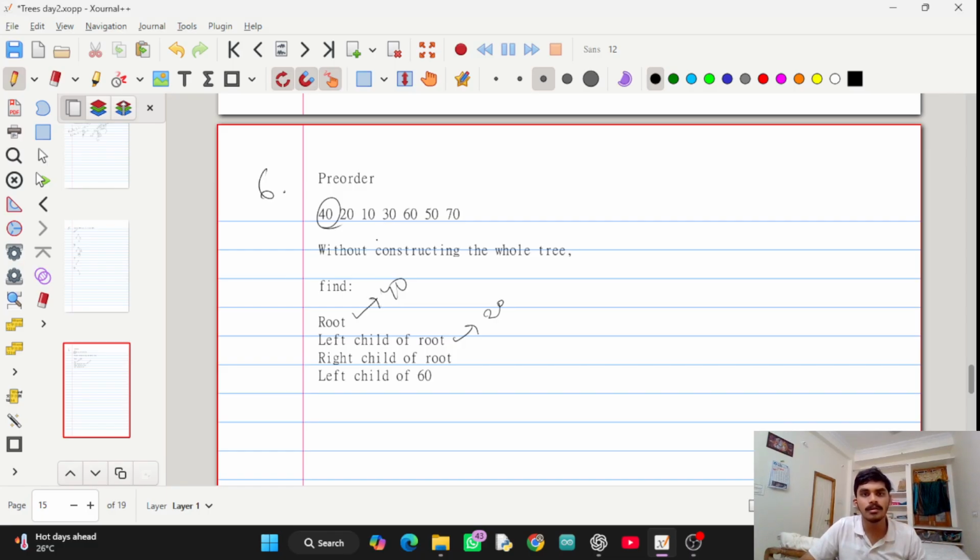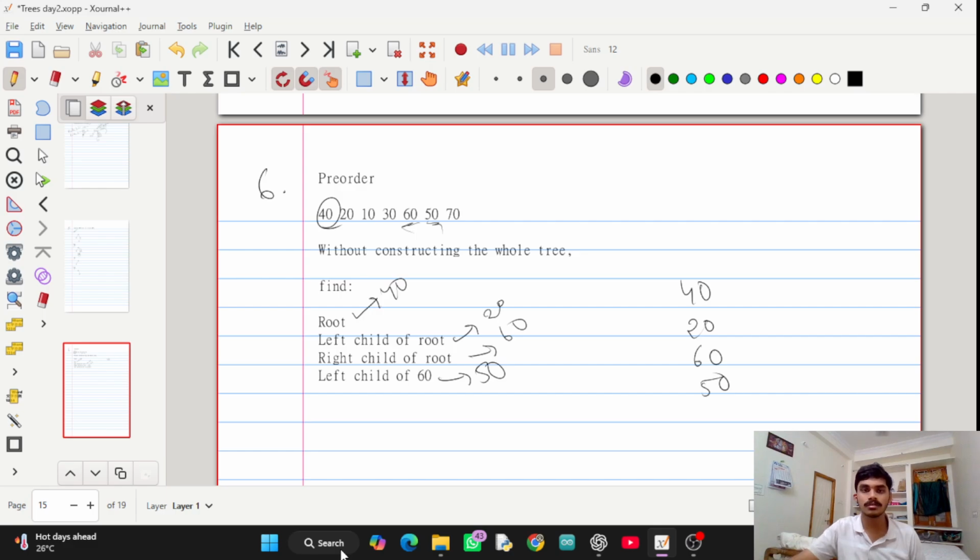And then 30 will be going there. And 60 is the first greater element, so it is the right child of the root, and left child of 60 is of course 50. We got our answer. Let me write it properly: 40, 20, 60 and 50.